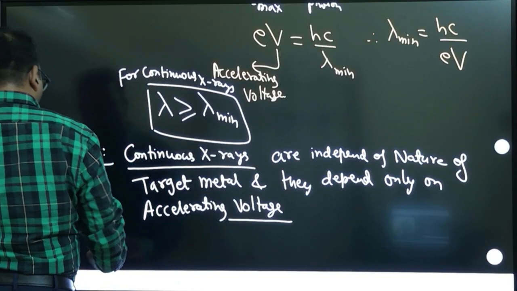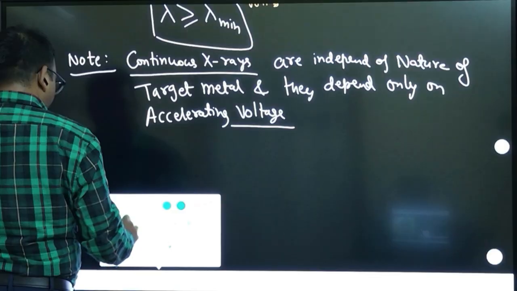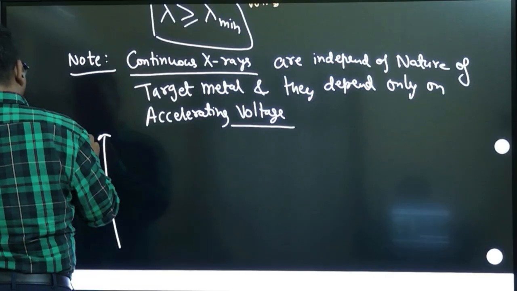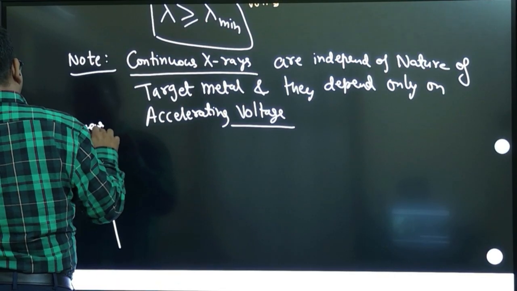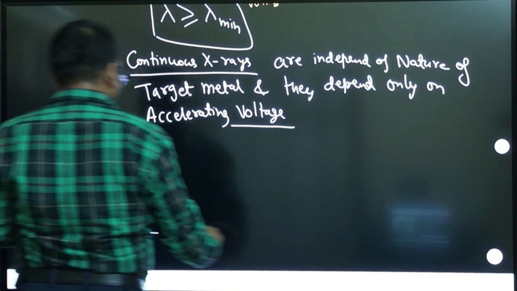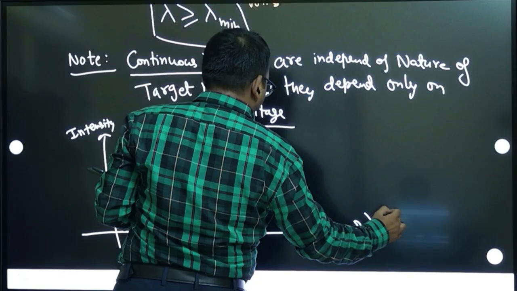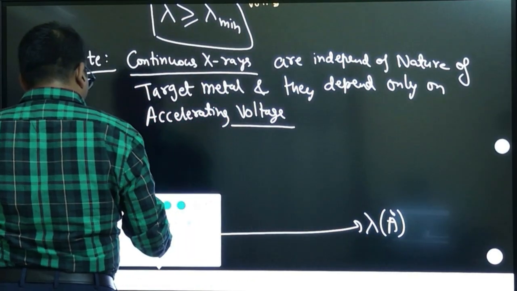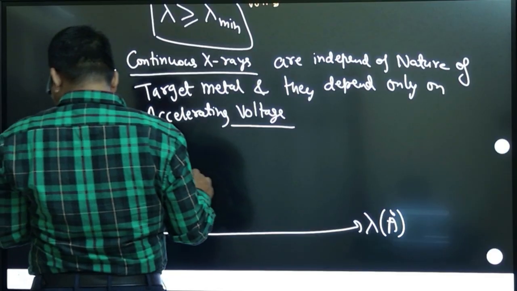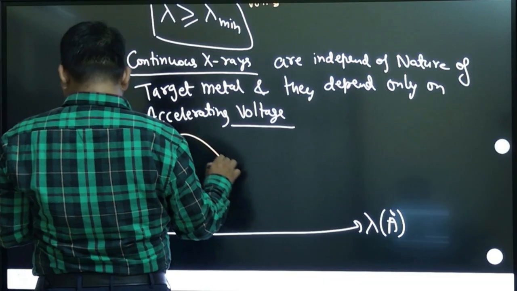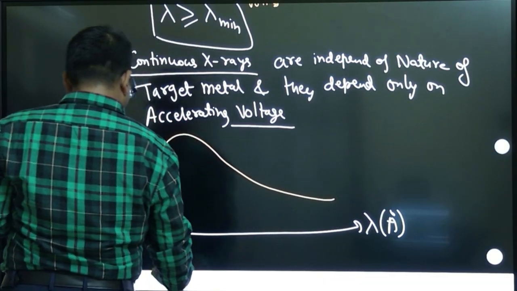And there is a very important graph here for continuous x-rays. They have given the graph for intensity, and this is wavelength in angstrom. If you keep different accelerating voltages, for higher accelerating voltage it goes like this.